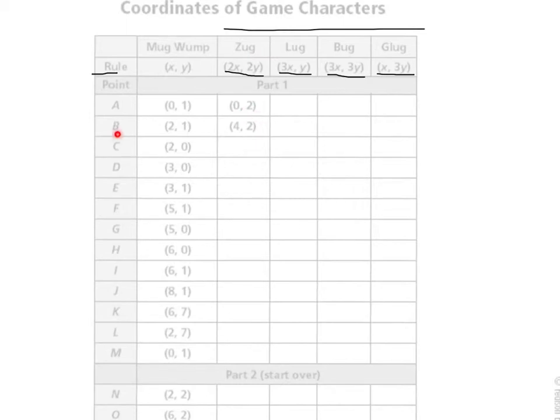Now let's find point B for Zug. That would be 2 times 2, and that gives you 4. Then 2 times 1 equals 2. Okay? And let's continue on with C. In this instance, we are going to multiply 2 times 2, and that's going to give us 4.